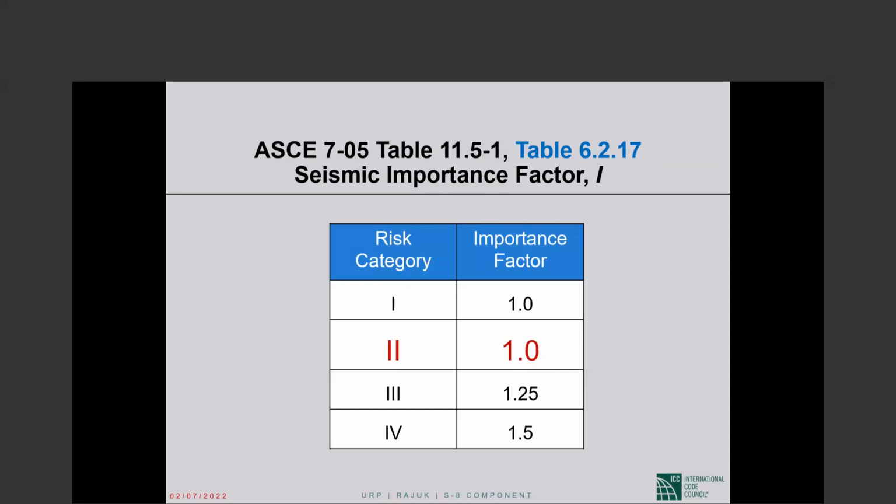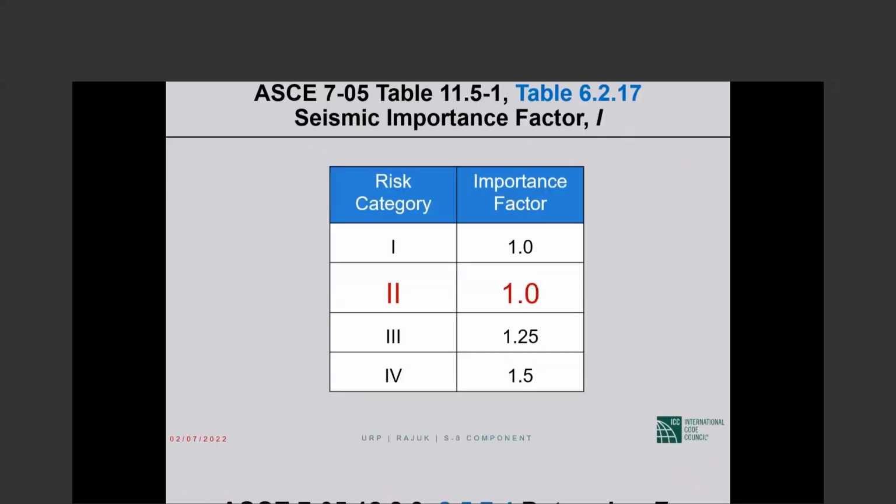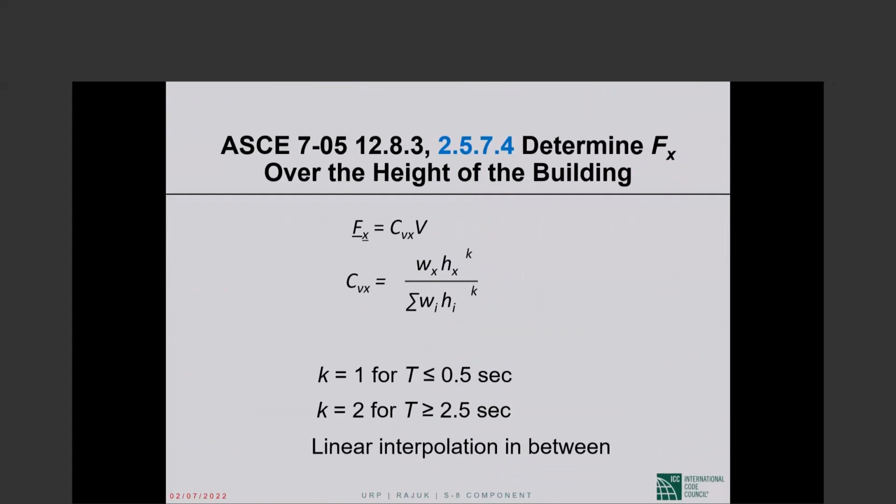And then category 4, essential facilities, hazardous facilities, I is 1.5. Now that gives us everything that goes into the design base shear equation.